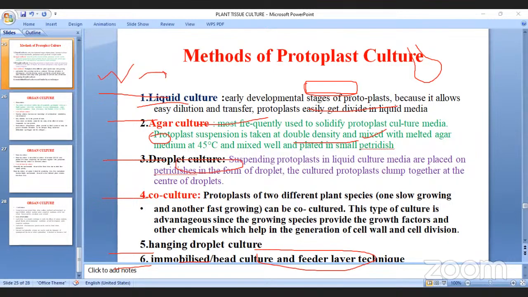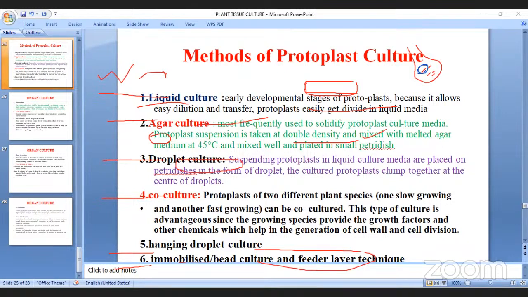Actually, the liquid medium is always placed in orbital shakers, and here is the protoplast, the blue color protoplast.